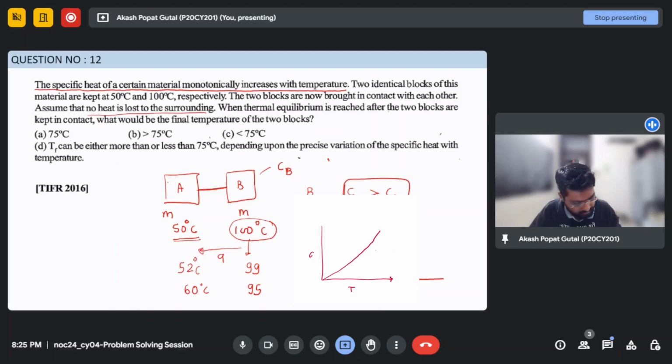Fine, and this is 50 and this is 100 degrees, suppose. So what you will get for the same material: this is for CB, and this is for CA.